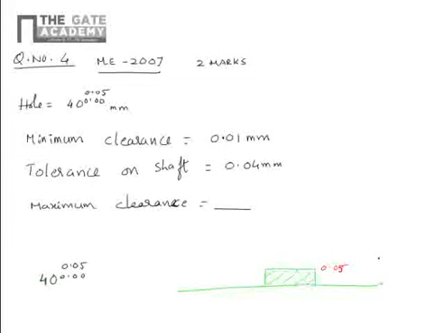Next, similarly, if you look at the other values which he has given, minimum clearance is 0.01. So clearance is the difference between the mating parts. So minimum clearance is 0.01, the difference between shaft and hole. So suppose this one is the minimum clearance.